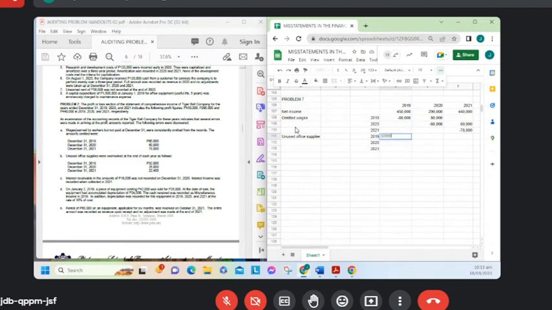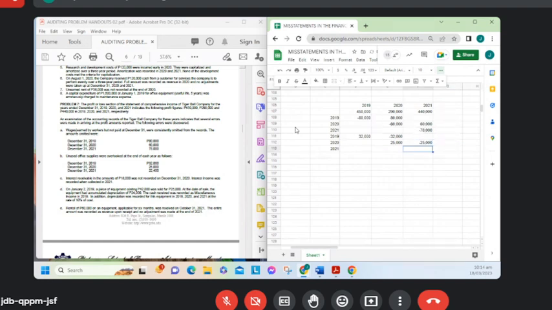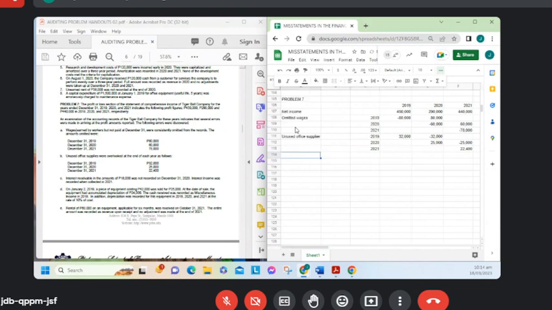So understated ang net income by 32,000 in 2019, overstated in 2020. In 2020, understated by 25,000, 2021 overstated by 25,000. And in 2021, understated by 22,400 pesos. All right. Letter C, interest receivable in the amounts of 18,000 pesos was not recorded on December 31, 2020.